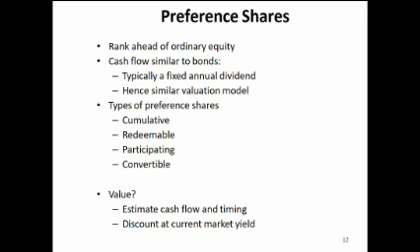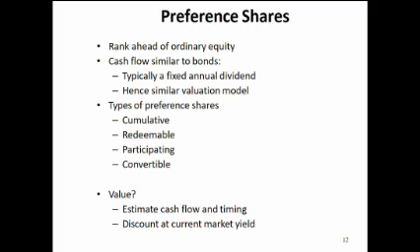So the cash flow of preference shares in most cases is actually similar to bonds. So when you think about bonds, the coupon payments on the bond is typically a fixed amount. And in the same way, preference shares usually have a fixed annual dividend. So it is actually not that difficult to estimate what the future cash flows of preference shares will be.